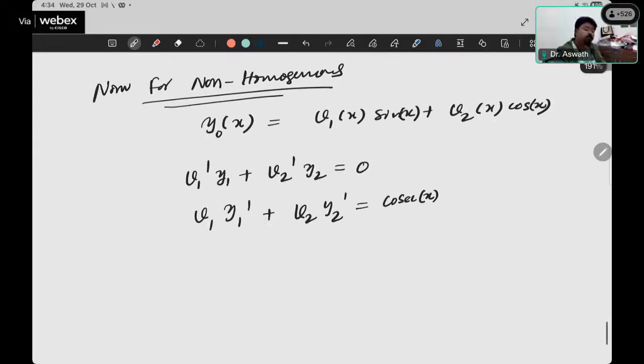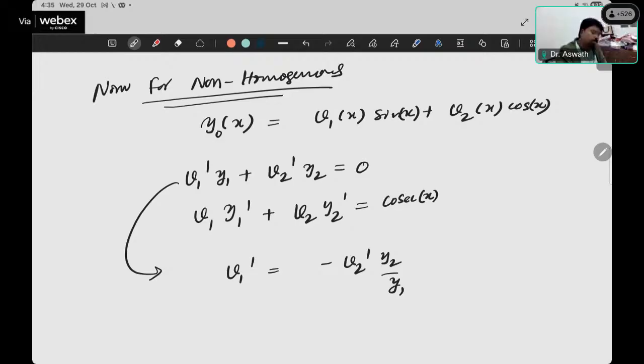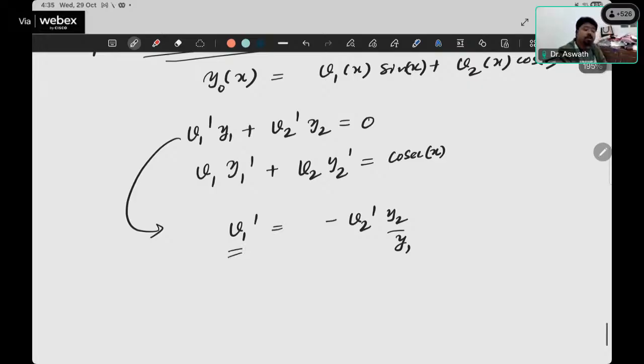I want to find v1 prime and v2 prime. Let's take it from the first equation. It is straightforward: v1 prime is equal to minus v2 prime y2 by y1. Here y2 is cos x and y1 is sin x, so basically it is minus v2 prime cot x.